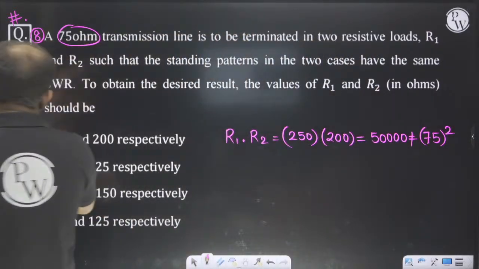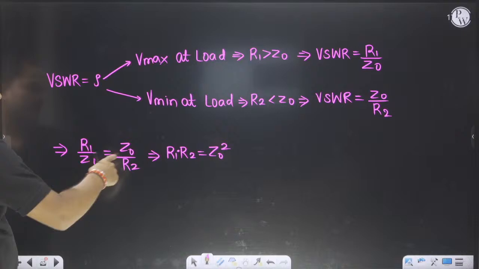So this option is wrong, because R1 into R2 must equal Z0 square.